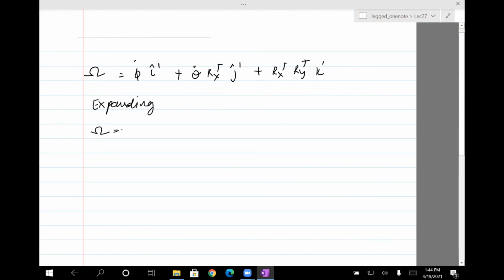Basically write down the formulas for the different things. You'll end up with this formula for the angular speed in body frame with respect to the Euler angles.